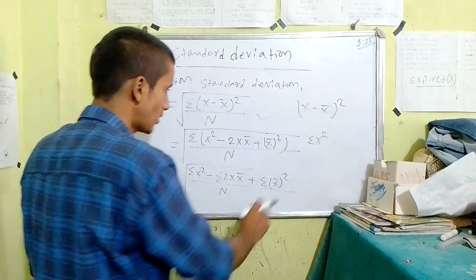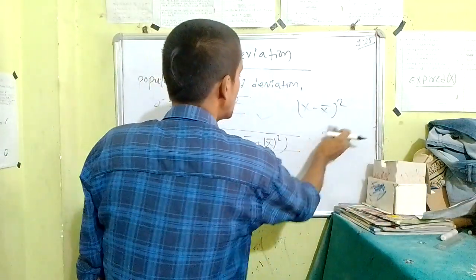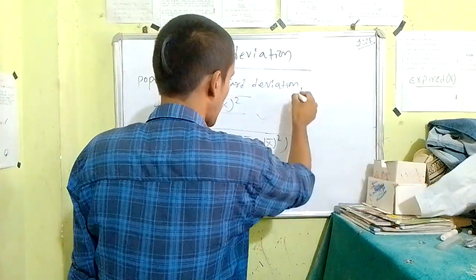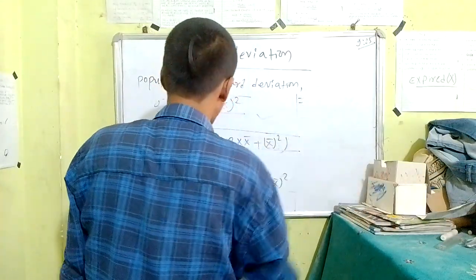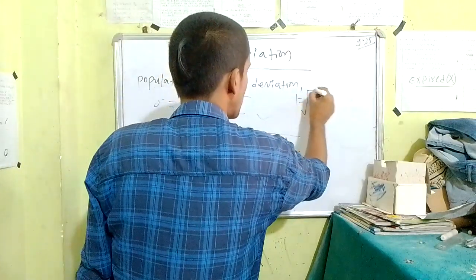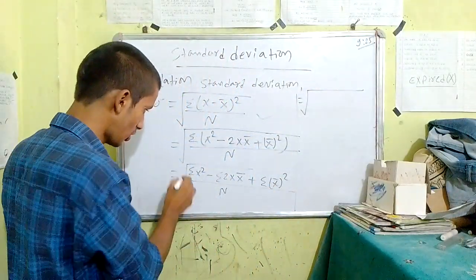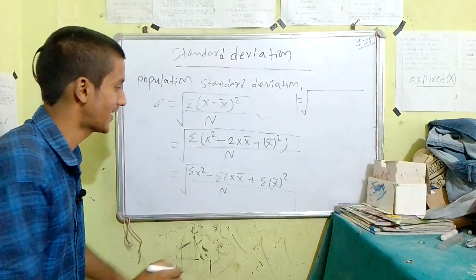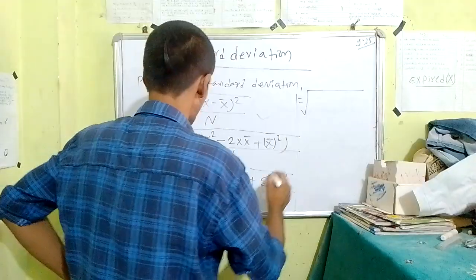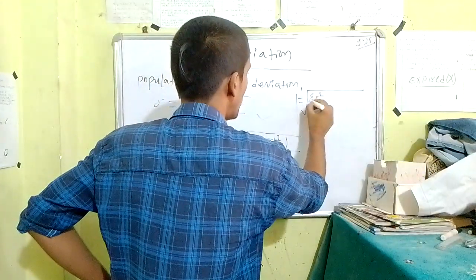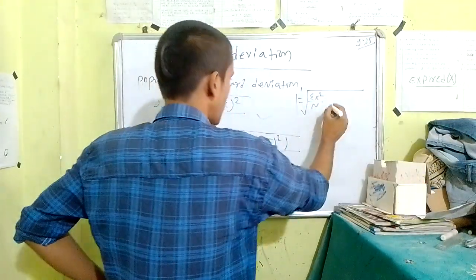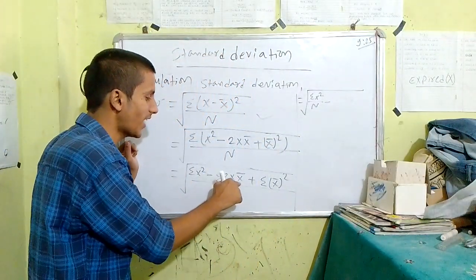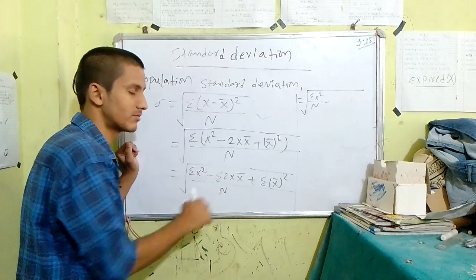Till here. Now, what you're going to do next is, this will be equal to square root of, look, now I'm going to divide all this by n. So this will be summation x squared over n minus, and wait a minute, here we have 2 and x bar.